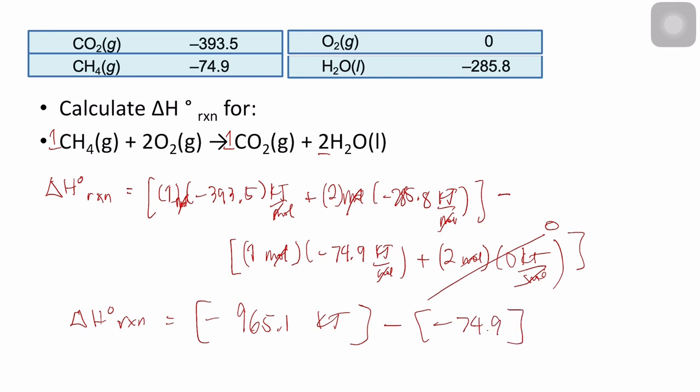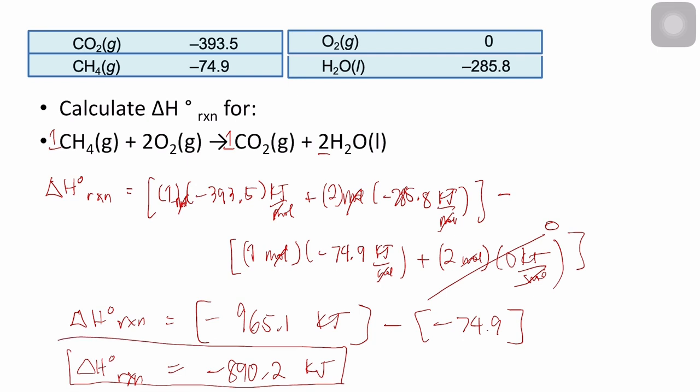So subtracting negative 74.9, the answer would be negative 890.2 kilojoules. That's the standard enthalpy of the reaction for the combustion of methane. Okay? You can pause here to look at the solution.